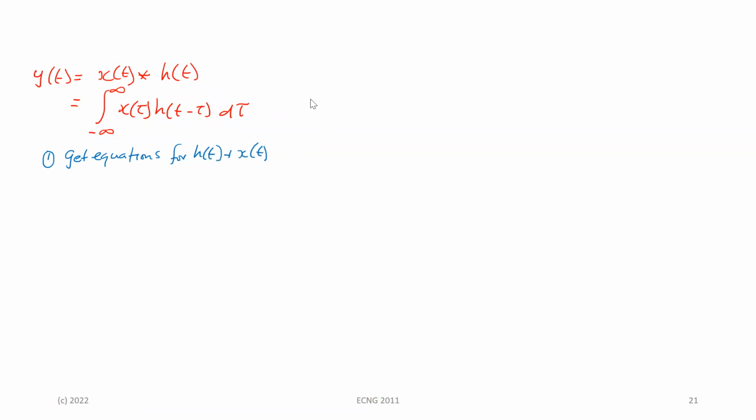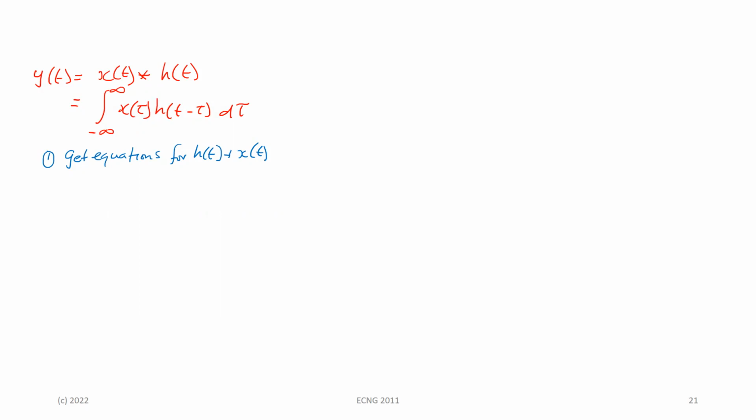First step is to get the equations for x(t), h(t). The next thing you know is that the equation is expressed in terms of a dummy variable for integration. We express it in terms of tau instead of t. Could have been anything, but in engineering, we tend to use the symbol tau.